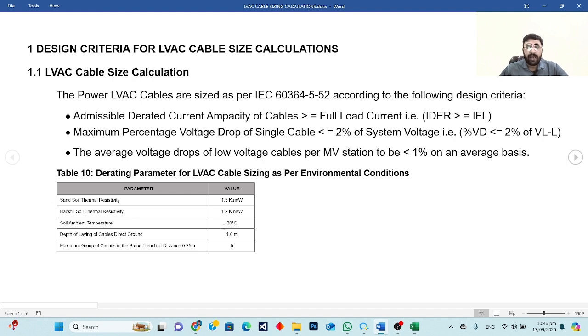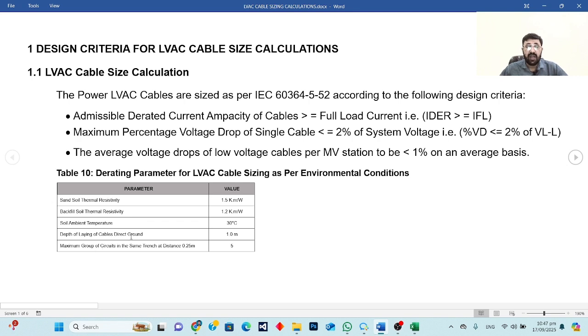I have just given one example, like the sand soil thermal resistivity value. Basically, we have to consider the thermal resistivity of the sand, which is directly in contact with the cables. So here 1.5 Kelvin meter per watt is the sand value, and the soil ambient temperature, like the ground temperature, is 30 degrees.